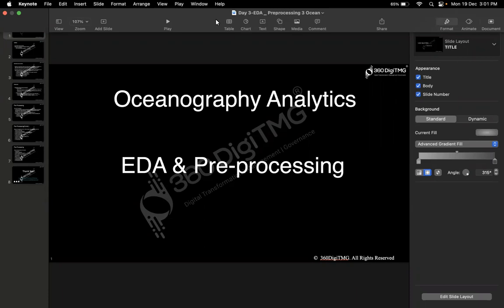On day 2, we learned what the data types are, what business understanding is, what data understanding is, and how many data types are available.